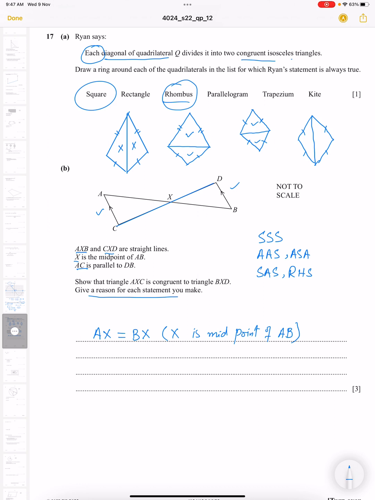As the lines are parallel, in parallel lines we know there are alternate angles. So this angle C must be equal to angle D. So we can say angle ACX is equal to angle BDX. The reason is alternate angles.